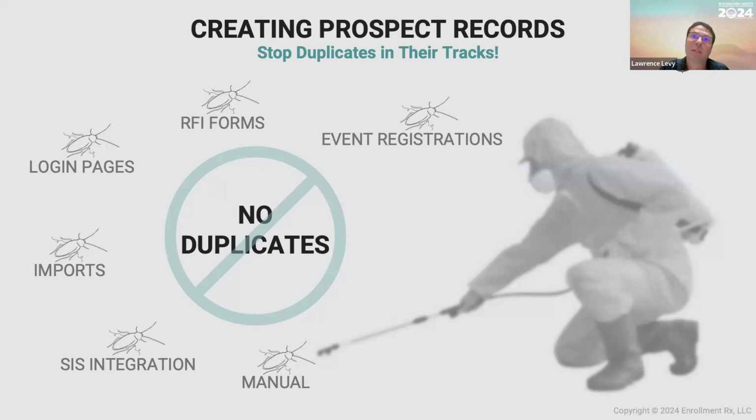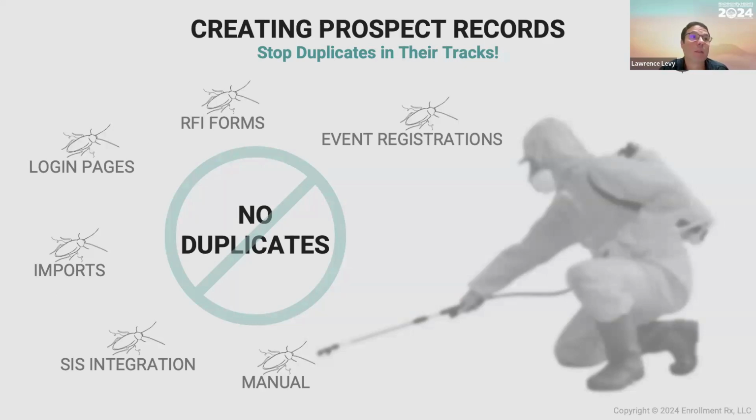If we look here on the top right, we look at events, an event registration. A prospect may come to an event form or to an event listing page, and that may be the first time they actually sign up in our system and register their contact information. They also may come to a request for information form, some inquiry form on our website or some marketing landing page, and submit their inquiry that way.